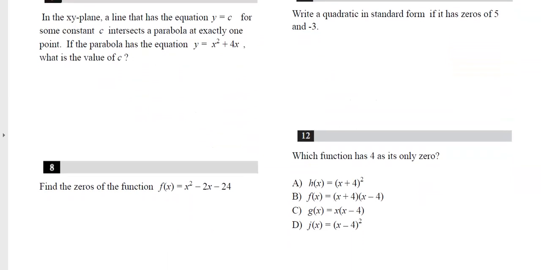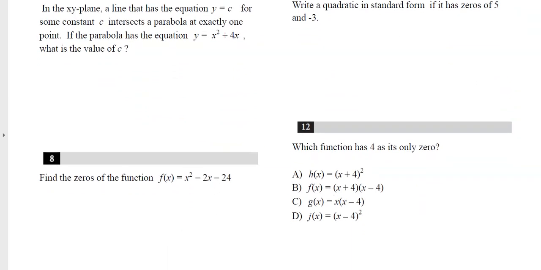So number 7 says in the xy plane, we have the equation y equals c for some constant c. So remember, constant means it's just a number. So we have some equation like y equals 4 or y equals negative 2. C is just some number. And we know that these lines are horizontal.